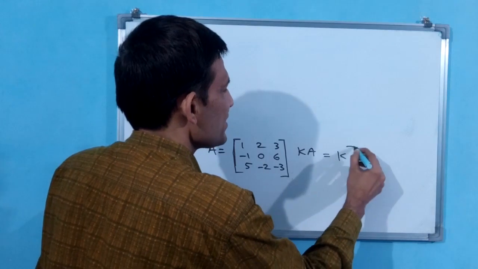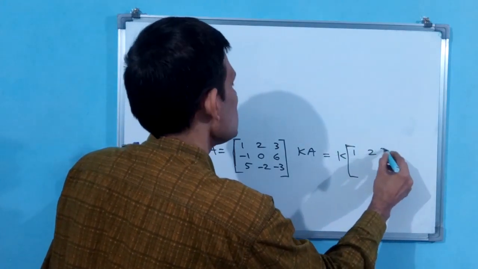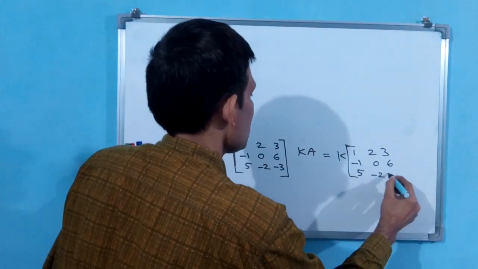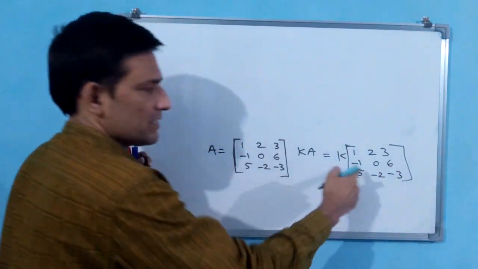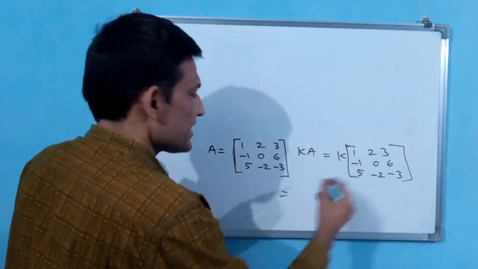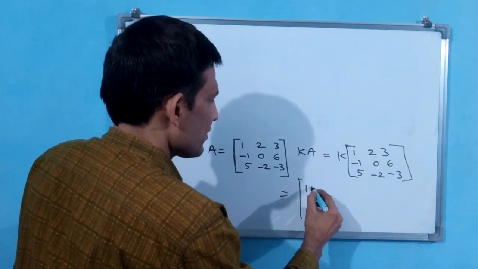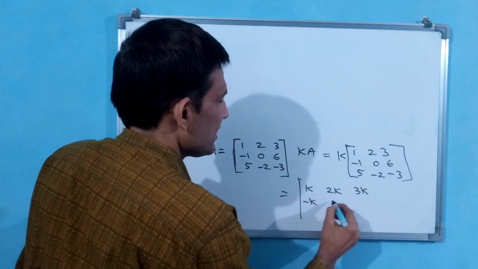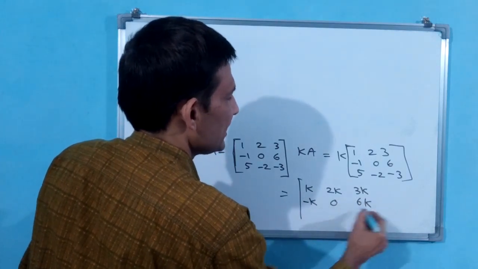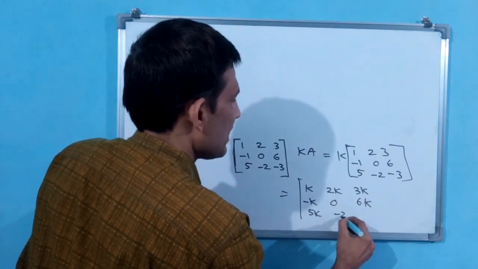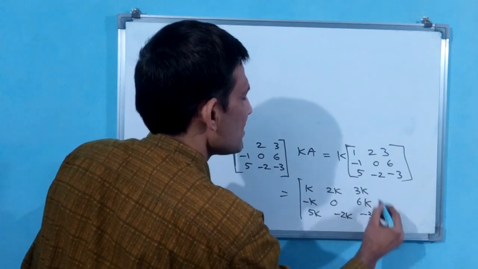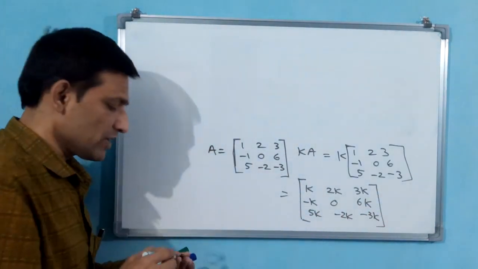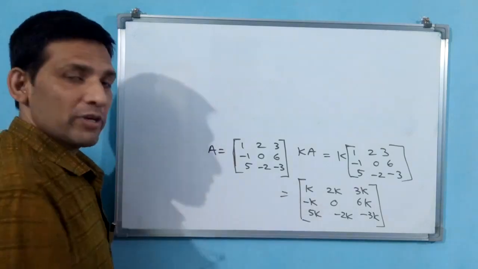First you write k into 1, 2, 3, minus 1, 0, 6, 5, minus 2, minus 3. Afterwards you send k inside directly: k, 2k, 3k, minus k, 0, 6k, 5k, minus 2k, minus 3k. This is the matrix I am talking about.